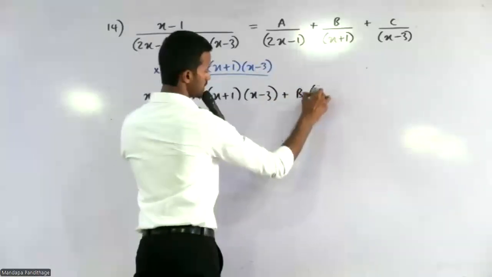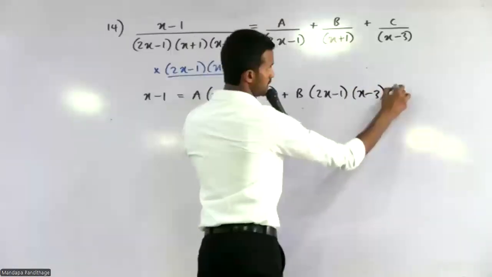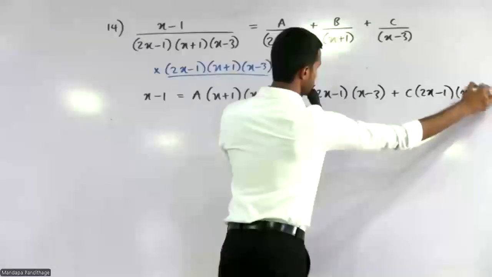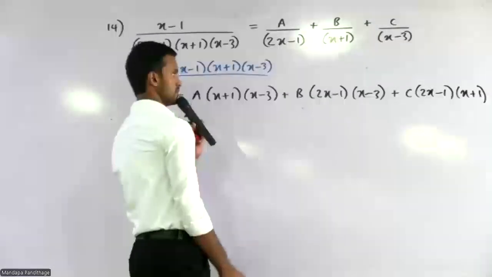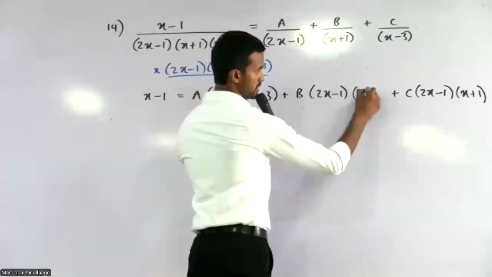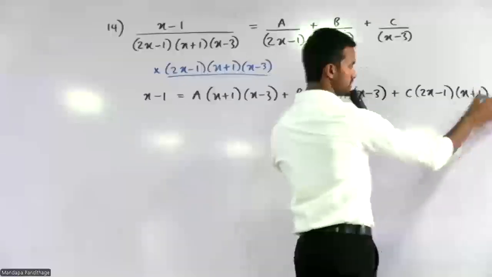The last one is C(2x minus 1)(x plus 1), because x minus 3 cancels off. Okay, now simply substitute the values.